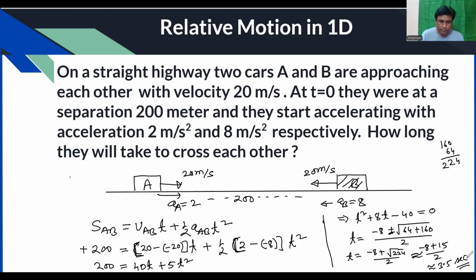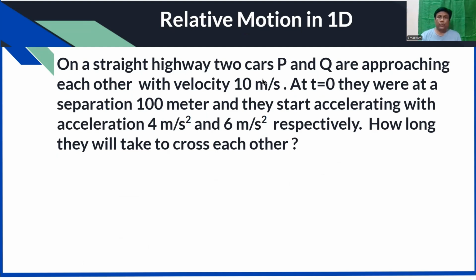On a straight highway, two cars P and Q are approaching each other with velocity 10 meter per second. At t equal to 0, they were at a separation of 100 meter and they start accelerating with acceleration 4 and 6 respectively. How long will they take to cross each other? All are vectors, so direction is very important.